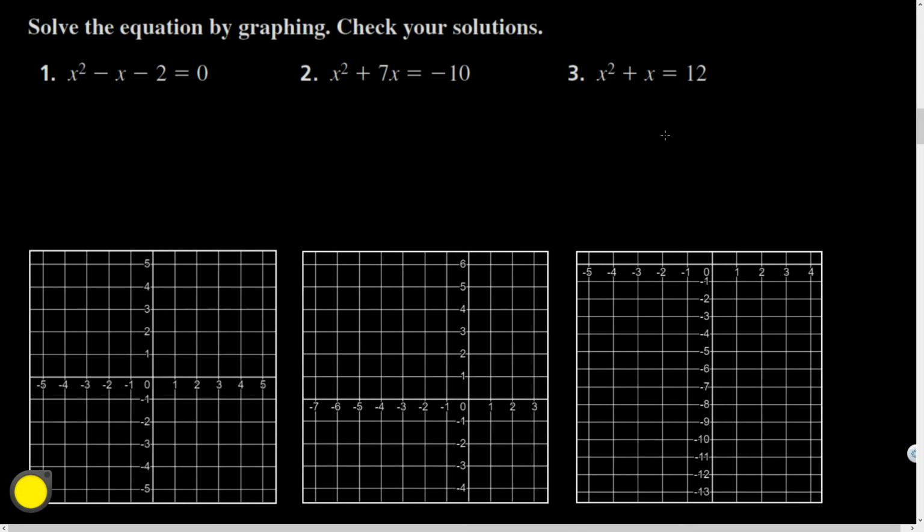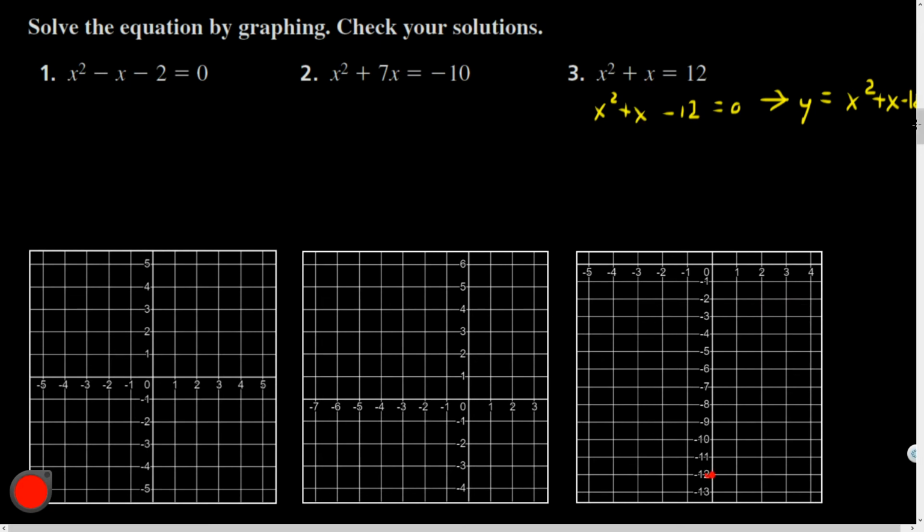So let's see. Let's look at one of these. I don't know. So I've got x squared plus x minus 12 equals 0. So then the related function would be y equals x squared plus x minus 12. Oh, there's the 12 there.